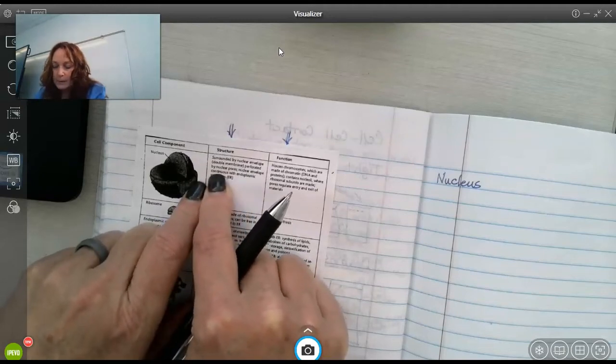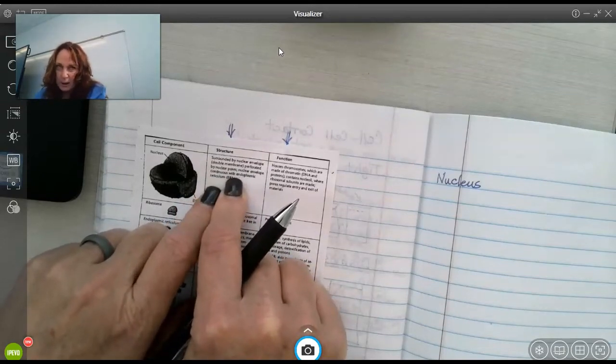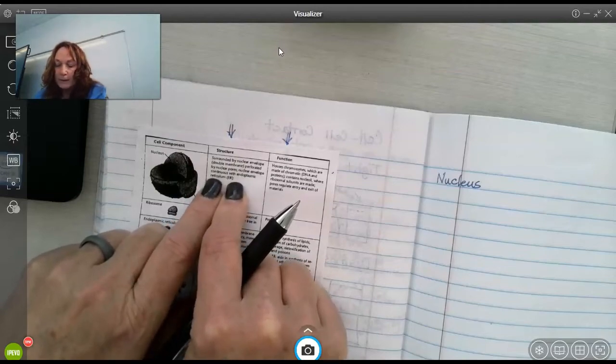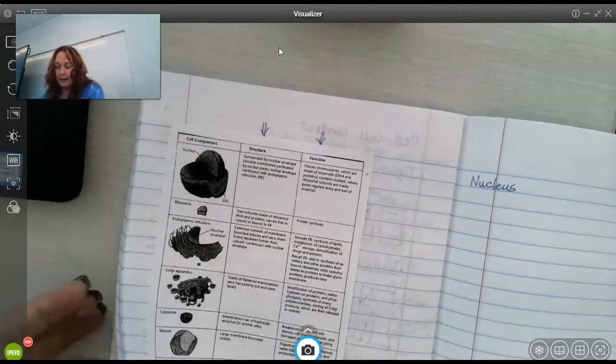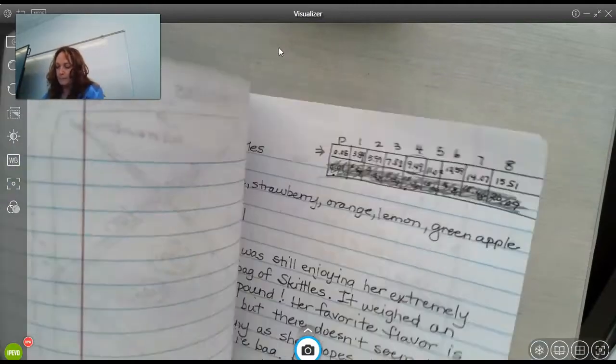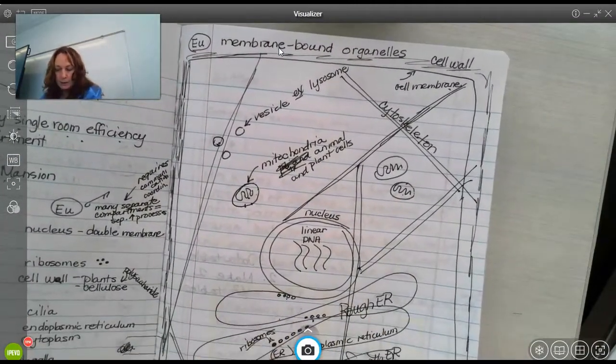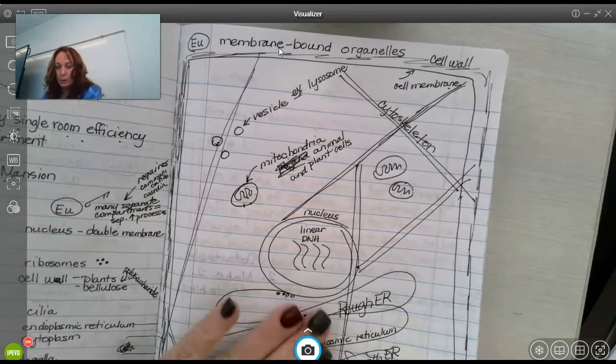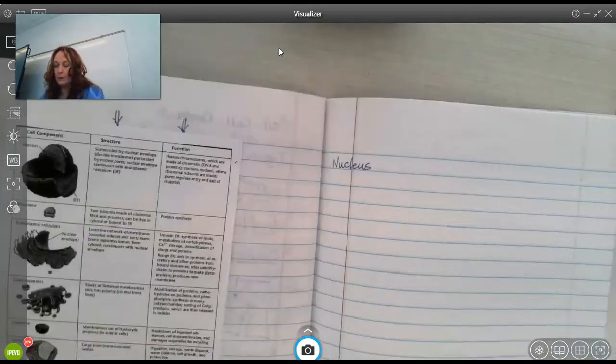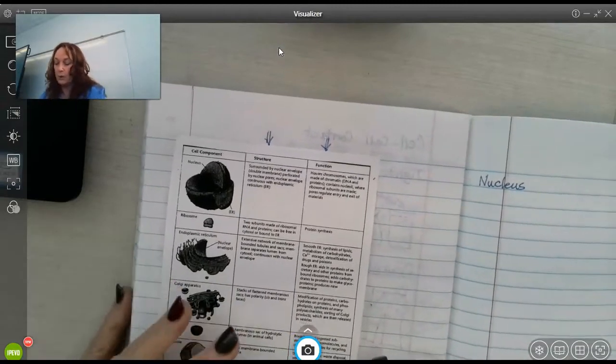The envelope is continuous. Sometimes they use the word contiguous, which is the same kind of thing, with the endoplasmic reticulum. Well, we know that because we drew that, right? Right here it is. There's my nucleus, and I made it continuous with the whole endomembrane piece, the rough ER and all that with the smooth ER and the Golgi.